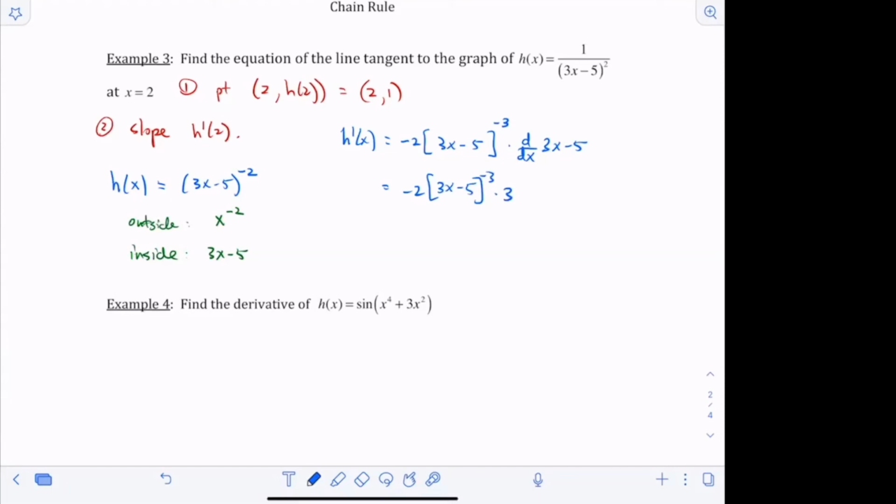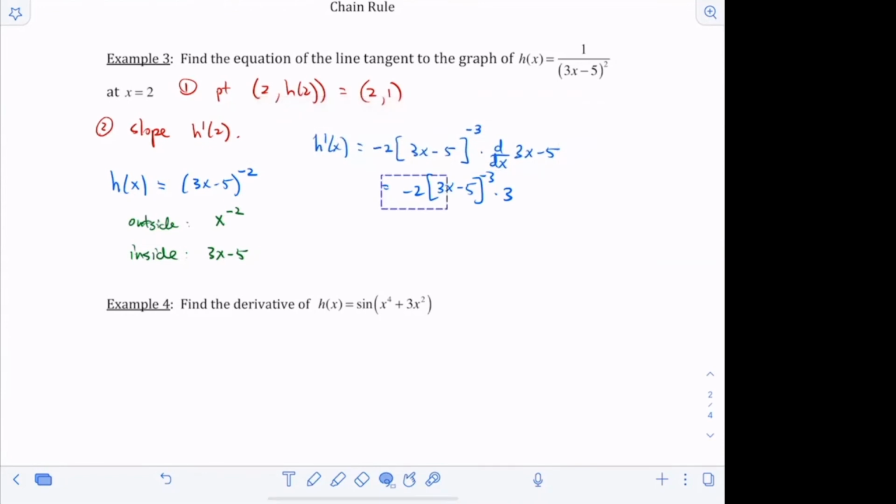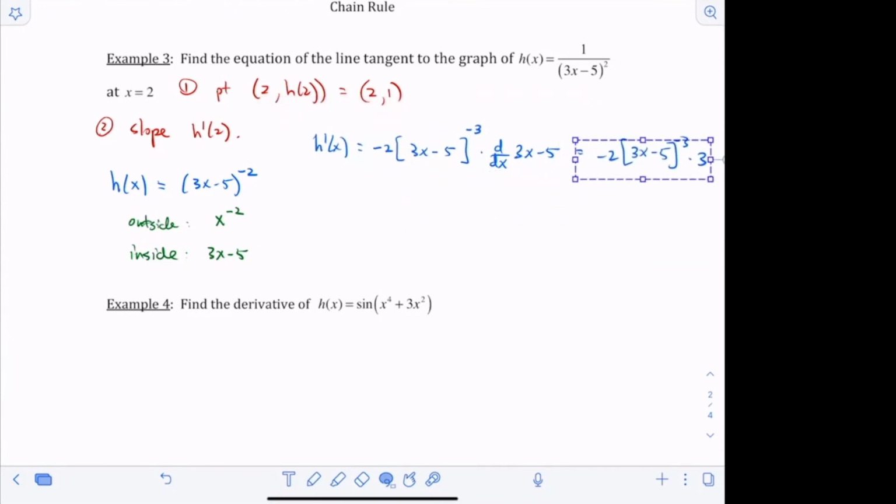Okay. Is there any questions about this so far? Professor, I have a question. What's your question? So the negative 2 and the negative 3 is the outside function, not the inside function, correct? Correct. Okay, thank you. You're welcome.